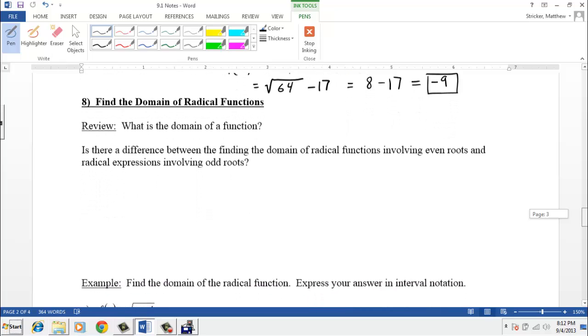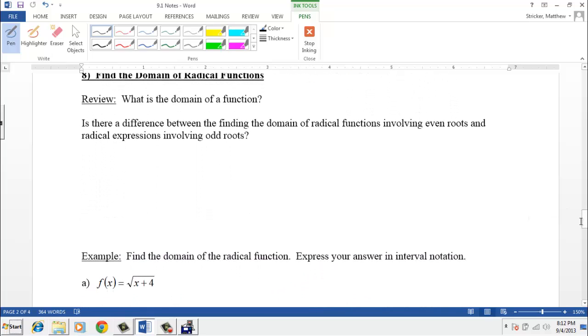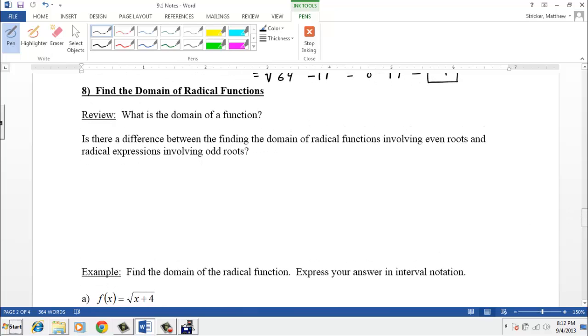So if we're talking about functions, of course the other thing we want to talk about is the domain of a function, which I'm sure you're all very happy to have back in our topics. The domain of a function, remember, is all the x values that you can input into the function.